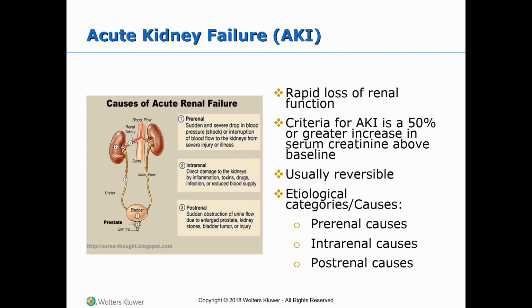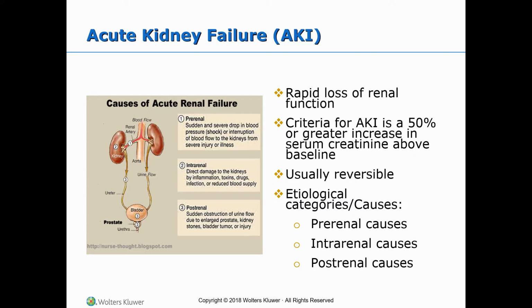Intrarenal AKI. This is a result of actual parenchymal damage to the glomeruli or the kidney tubules. The causes for this type of AKI include prolonged pre-renal state, nephrotoxins like vancomycin and NSAIDs, contrast dyes, prolonged renal ischemia due to transfusion reaction, rhabdomyolysis, crush injuries, infections such as glomerulonephritis, and acute pyelonephritis.